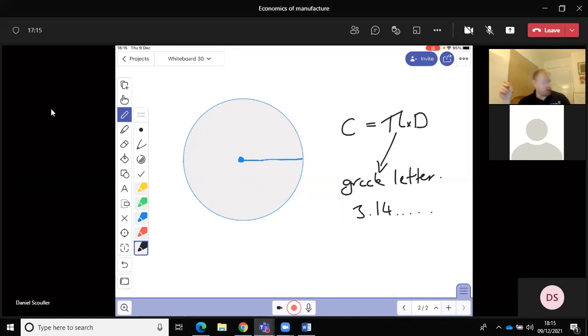If you did pi in your calculator, which I don't actually have, which is terrible.